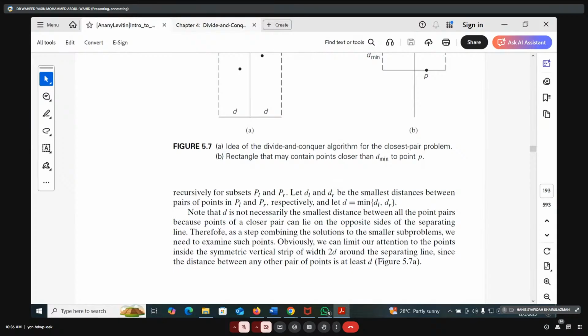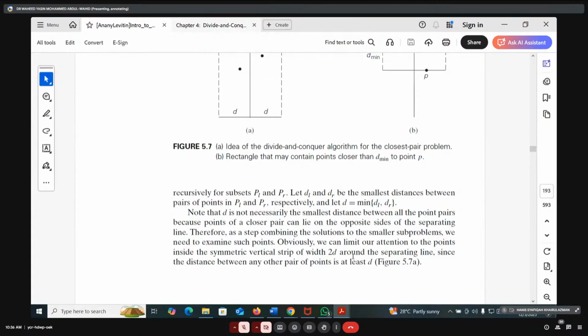Obviously, we can limit our attention to the points inside the symmetric vertical strip of width 2D around the separating line, since the distance between any other pair of points is at least D. Here, D is not necessarily the smallest distance because the closest pair can lie one on the left side and one on the right side of the separating line.